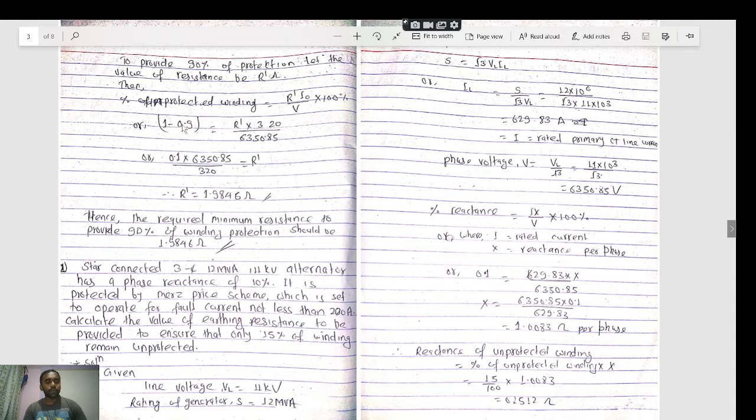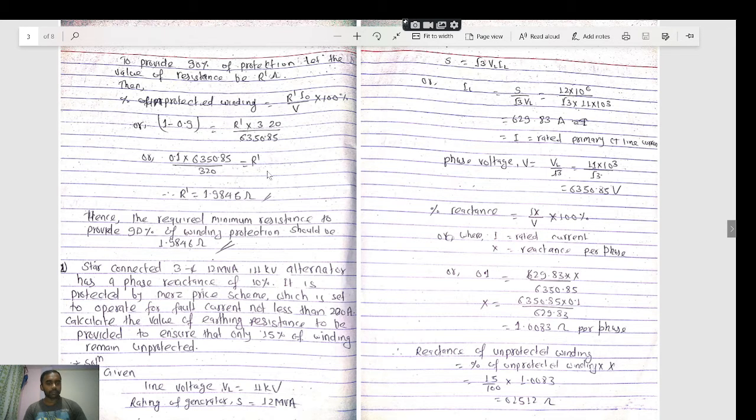Now 1 minus 0.9, that is 0.1, the unprotected winding, equals R dash into 320 ampere, the primary line current of the CT, divided by 6350.85, the alternator phase voltage.